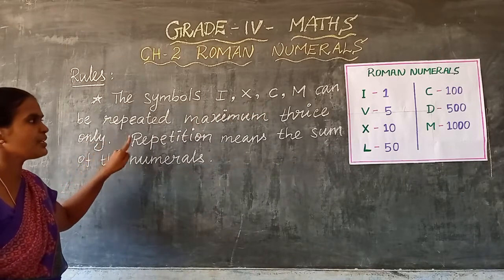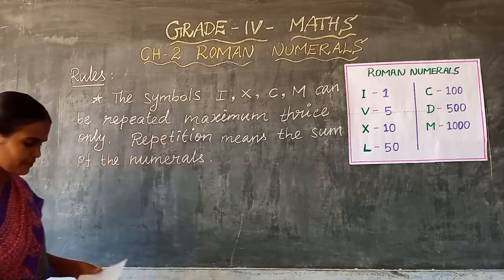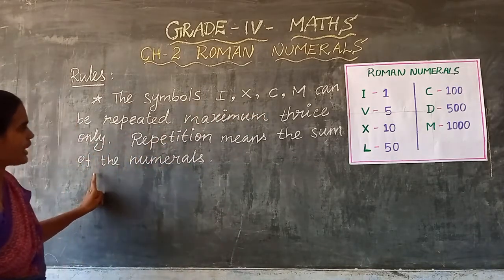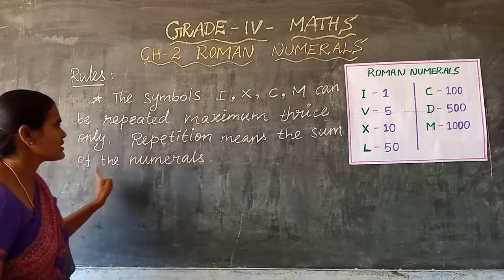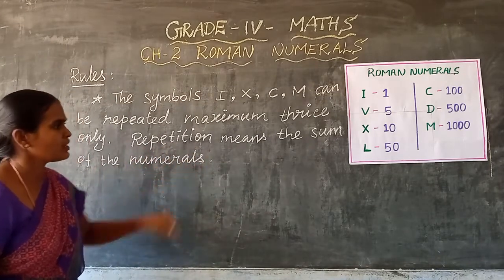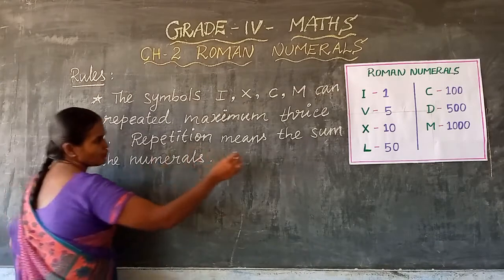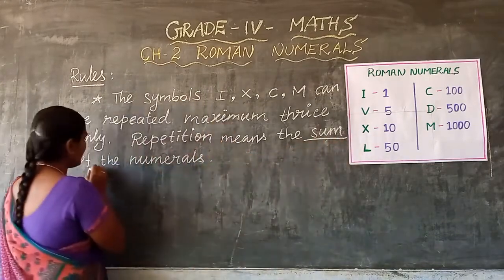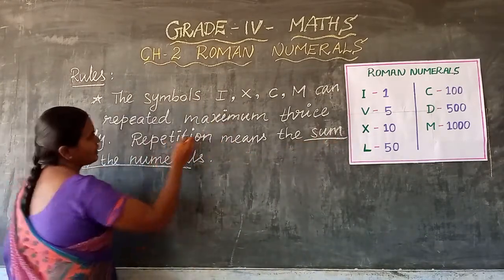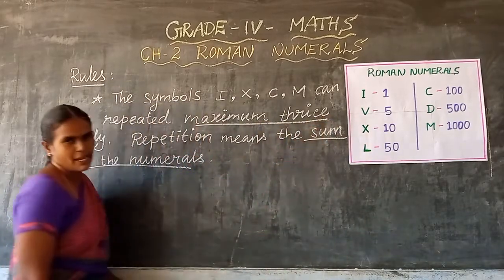That means repeated maximum 3 times. Repetition means the sum of the numerals. Sum means addition. Maximum 3 times.